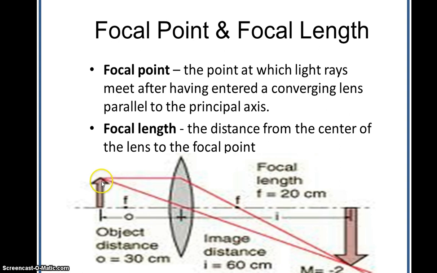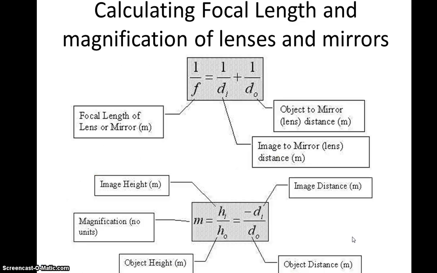And here we have the object. We have this big tall arrow, and then over here is the image that's produced when those light rays go through the lens. So we have two formulas, and I'll give you a chance to write these things down.